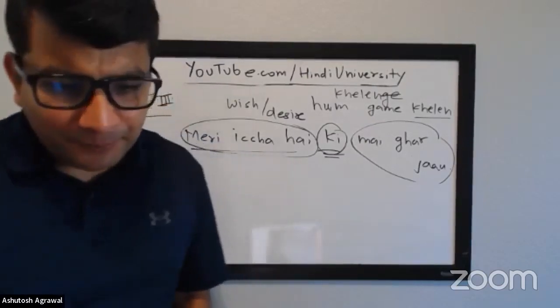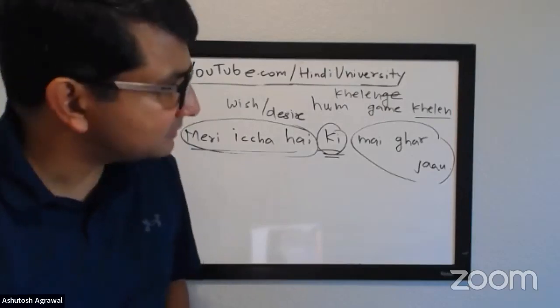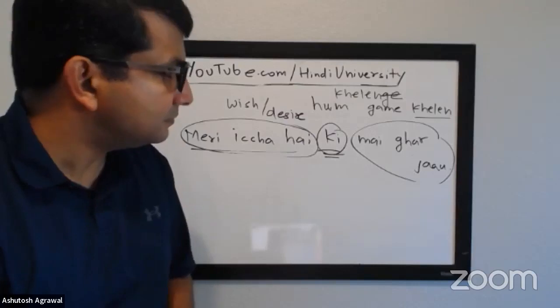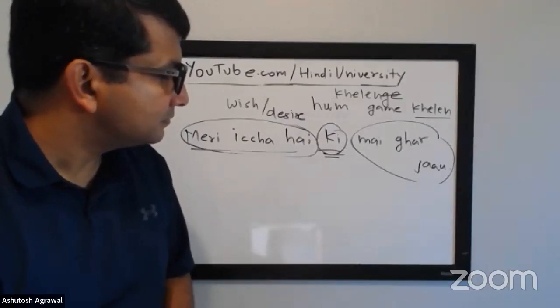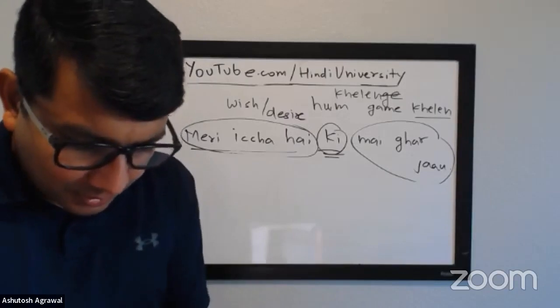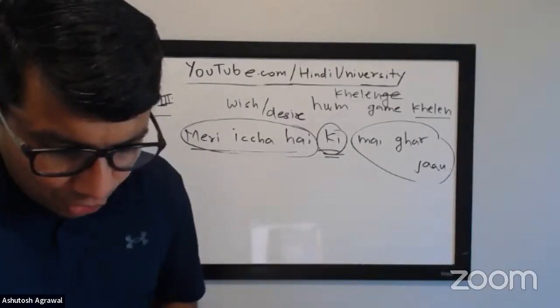धन्यवाद जी. Kelly ji? Yes. In that first case, you had ho sakta hai and mumkin hai. Do you have to put agar in front of that? Agar mumkin hai, agar ho sakta hai, or is that just implied? Not in all of them.